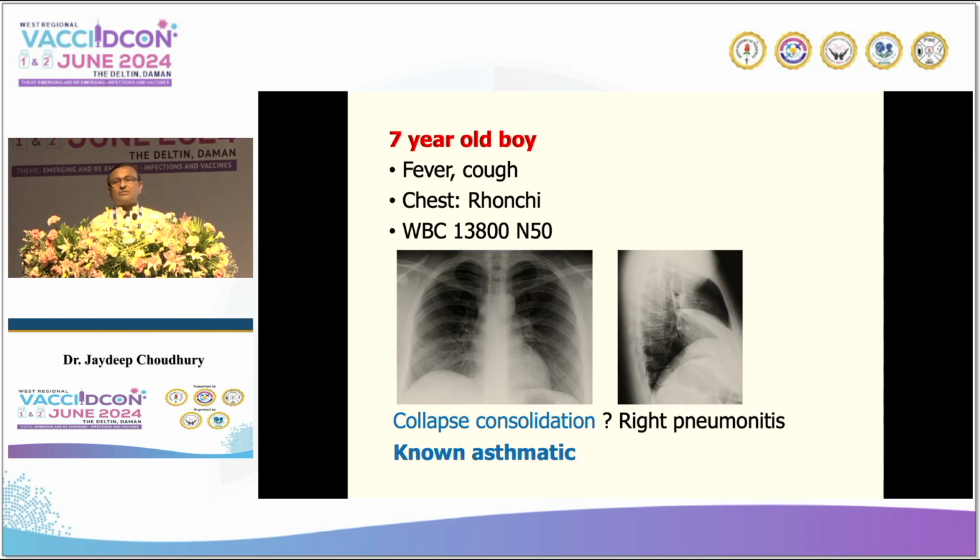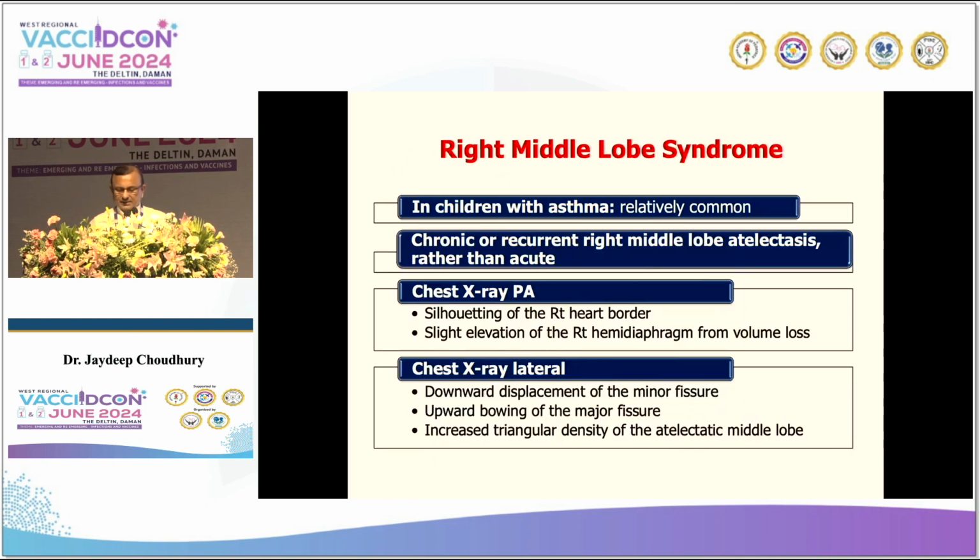But when we take the history, this child is a known asthmatic, is on anti-asthmatic medication for a long time, and still the child is having rhonchi. So what could it be? This is a condition of right middle lobe syndrome. It's relatively common in children with asthma, especially the chronic or recurrent right middle lobe atelectasis.